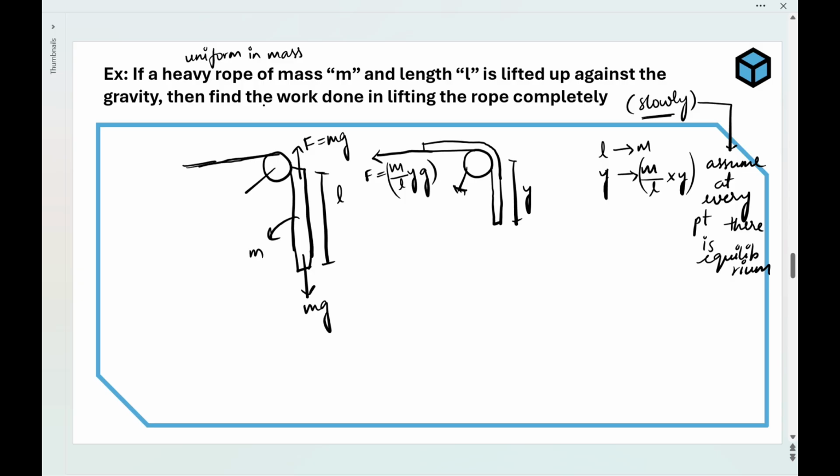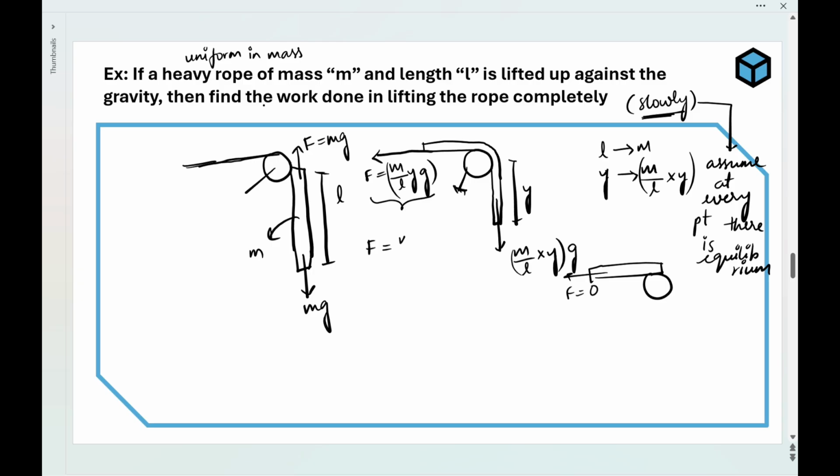I hope you understand, because the rope should be in equilibrium. The hanging part will exert a force of its weight, m by L into y into g. So to balance that force and go slowly, we assume that at every point there is equilibrium. So F is this. And when it is totally up, we have to do no more work, F is equal to 0.